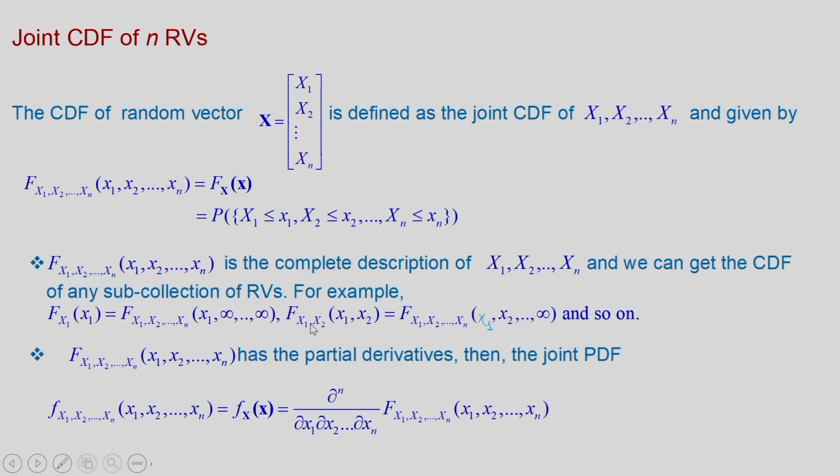Similarly, to find the joint CDF of X1, X2 at point small x1, x2, this is the n dimensional CDF at point x1, x2 and the rest of the points at infinity. In this way, we can find the joint CDF of any order.